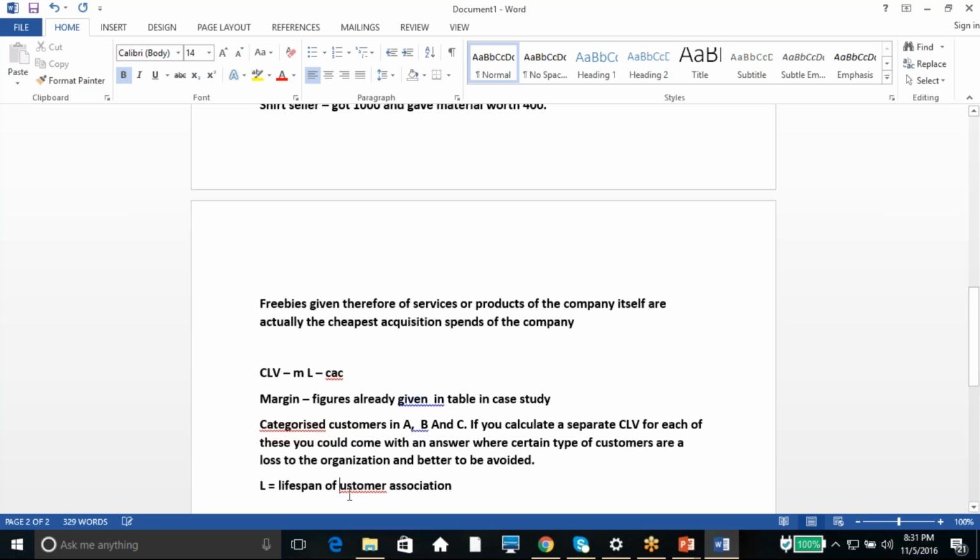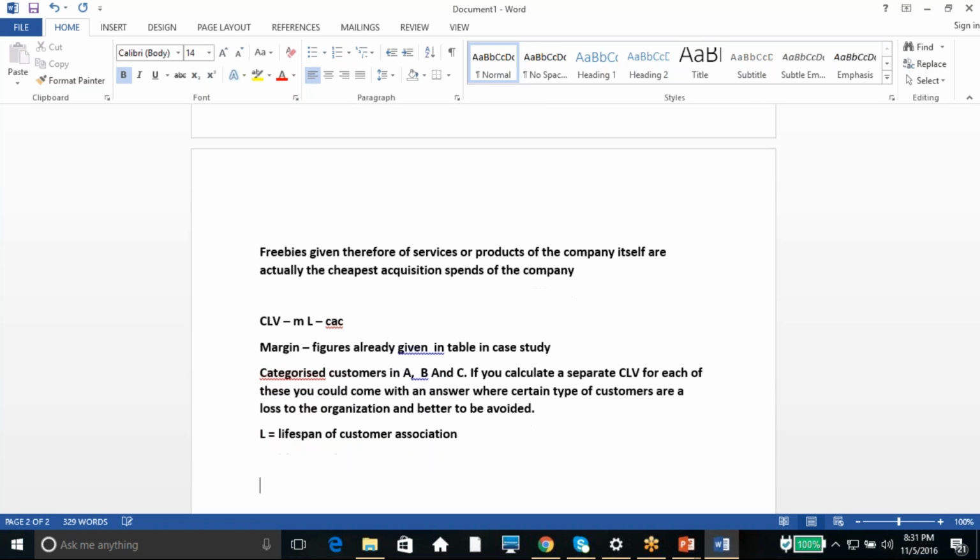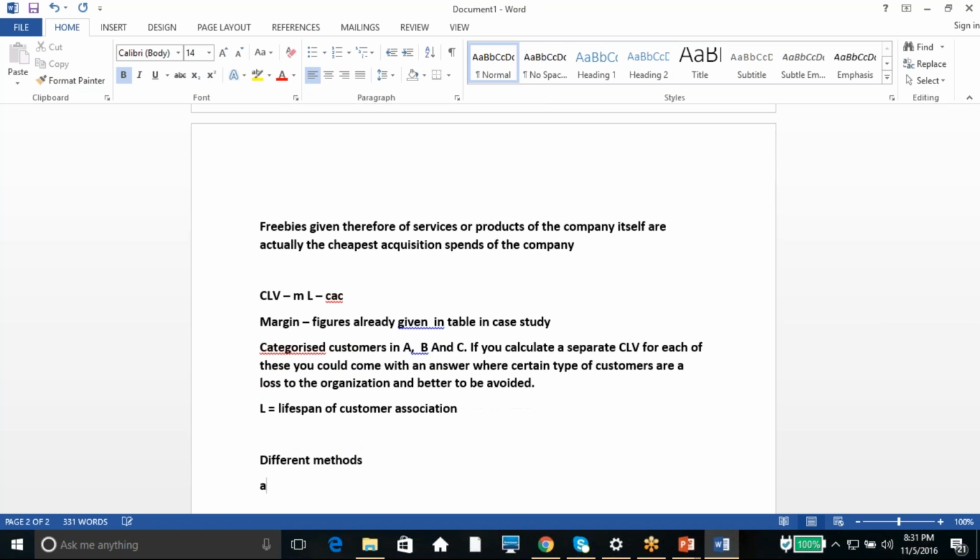Now there are various methods to do this. So one is churn rate. Can someone give me an idea of what they understand by the word churn?